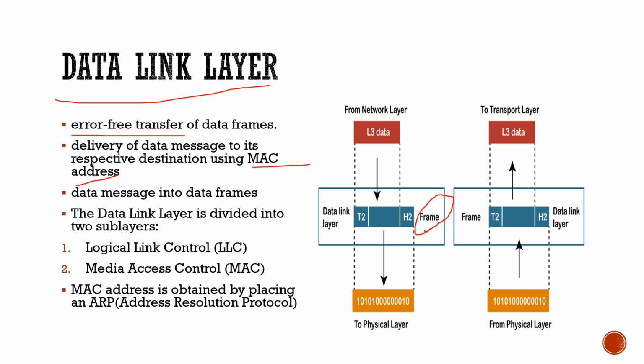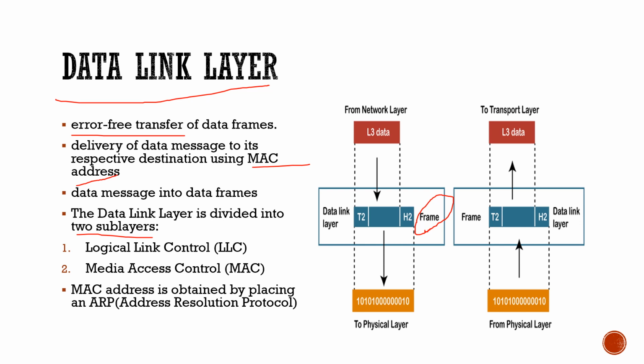The data link layer is divided into 2 sublayers. One is logical link control and the other one is media access control. In logical link control, the communication between the network layer and the MAC takes place.